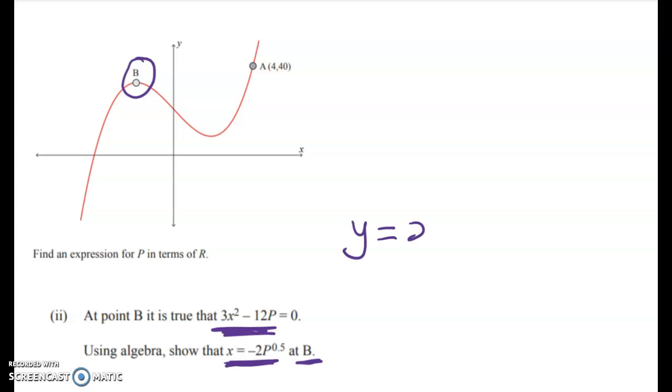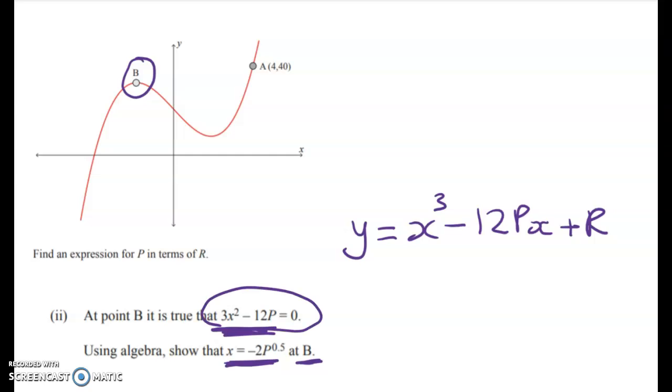So we're working with this. This is my function. And we're told that at that maximum point, this condition must be true. If you've done level 2 calculus, you'll be able to see that we could get to that separately by differentiating. But here, they've given you that condition, and that's because we're working on an algebra standard here, right?